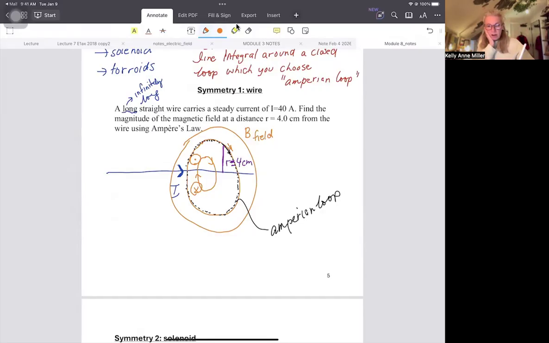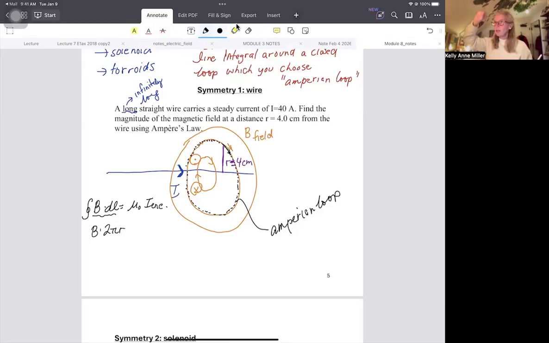Okay, so I'm going to write out the equation. I know that Ampere's law is the line integral of B dot dl is equal to mu naught I enclosed. This line integral is super easy. It's just B times the perimeter, the path around the circle.